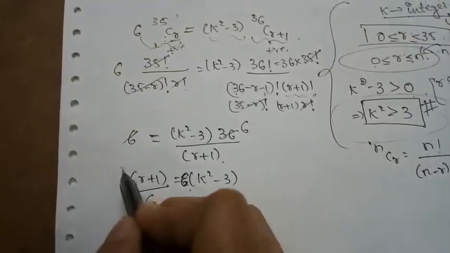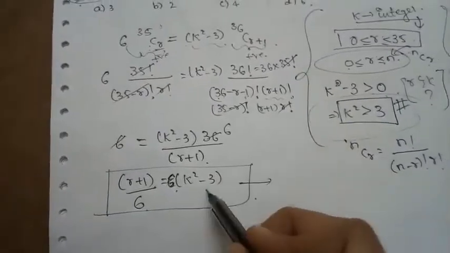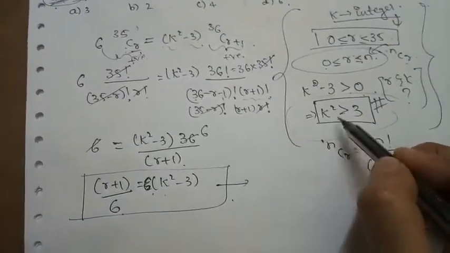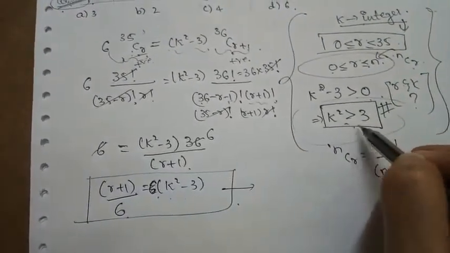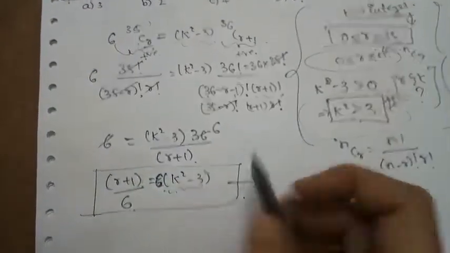So you have got one equation here. Clearly the thing is our k square should be greater than 3. If it is less than 3, our RHS value becomes negative.